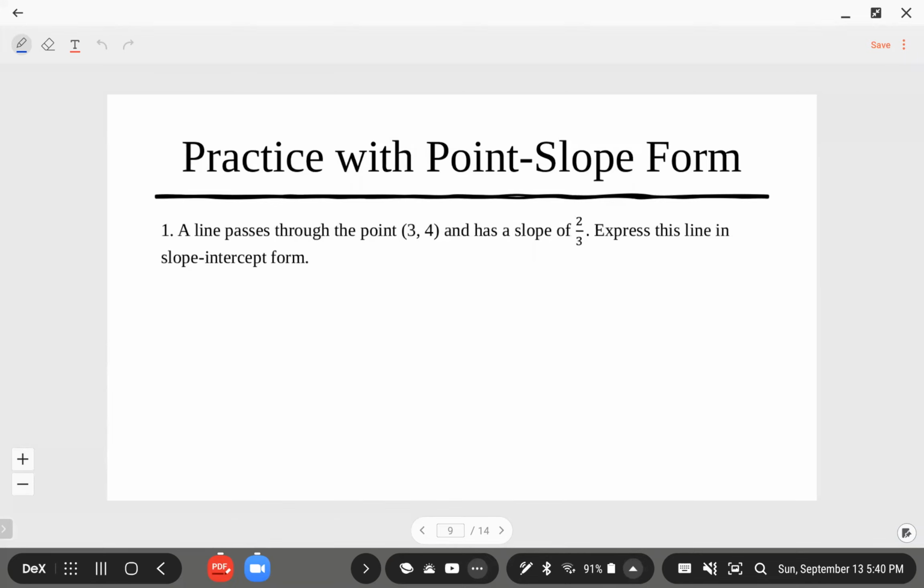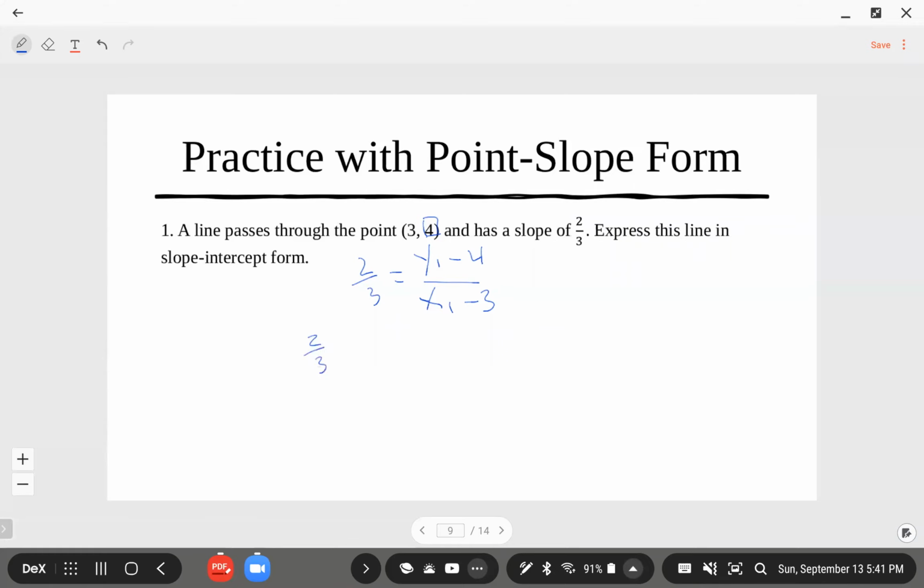A line passes through the point 3, 4, so that's our point, okay? And then it has a slope of 2/3, okay? This is our slope, 2/3 equals y minus 4. 4 is our y1, right? And then x minus 3, okay? So that is our point-slope form equation. Now let's simplify it.